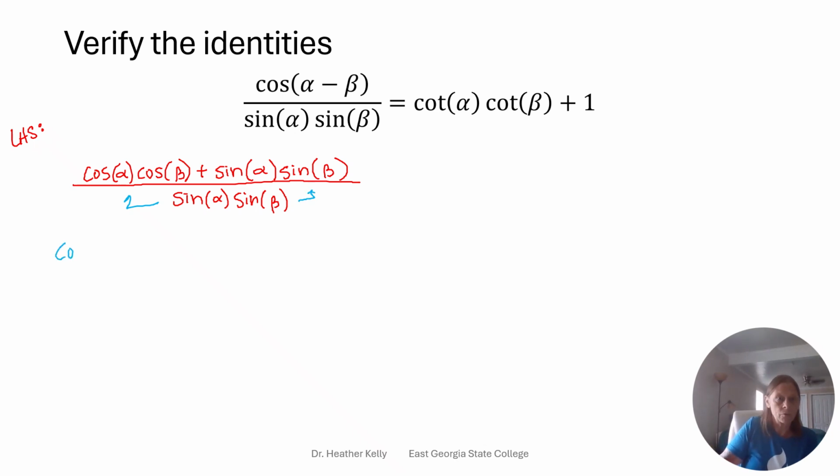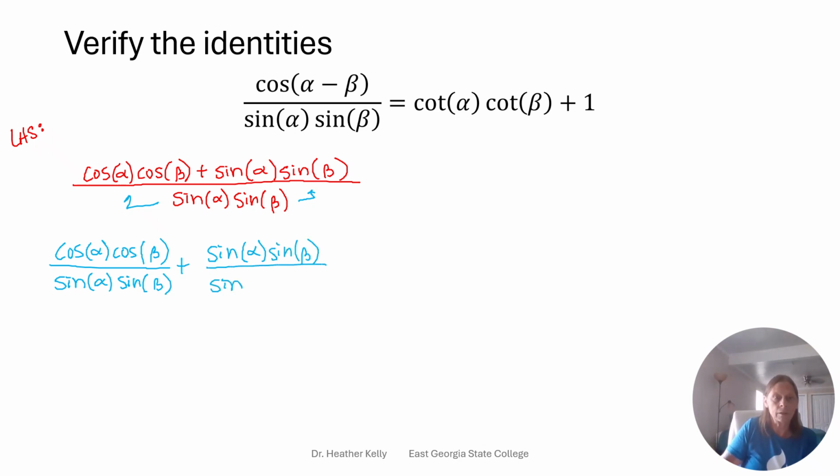So I'm going to have cosine alpha cosine beta over sine alpha sine beta plus sine alpha sine beta over sine alpha sine beta.